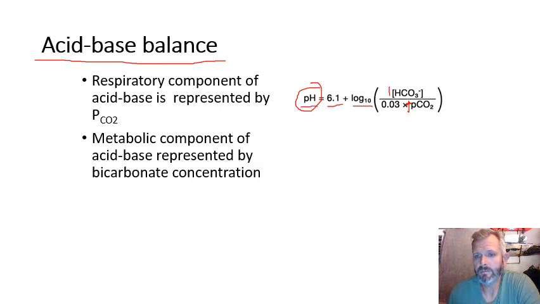But if my bicarbonate levels went up, the numerator is increasing, and what would happen to my pH? It would go up. So going by this equation, you can see these are in opposition because one's in the numerator and one is in the denominator. Okay, but we can see how these two levels can help regulate our pH. All right, and we're going to see this again when we look at urinary.